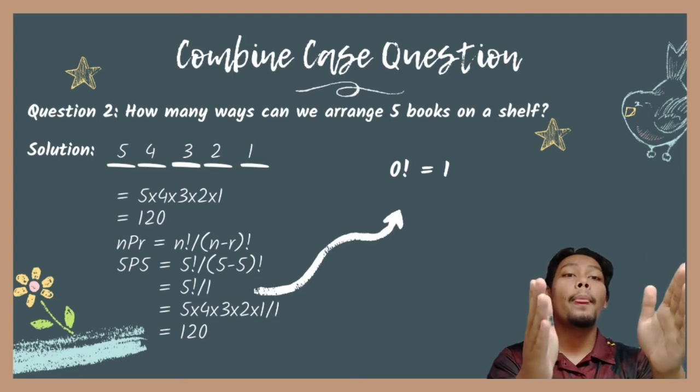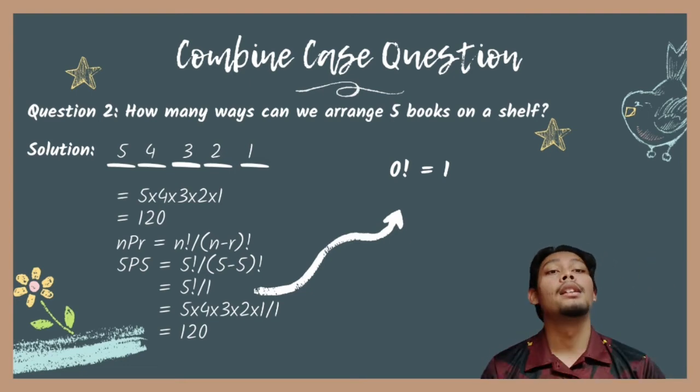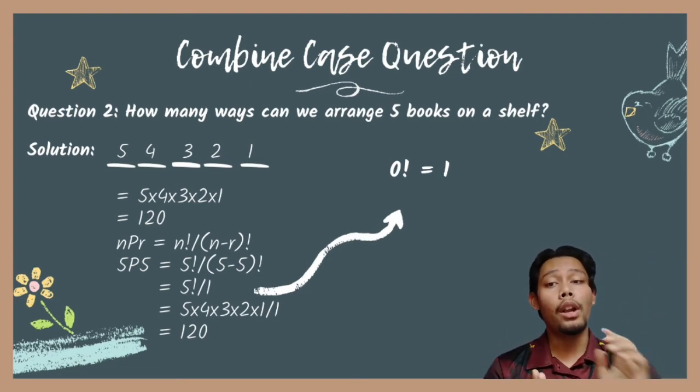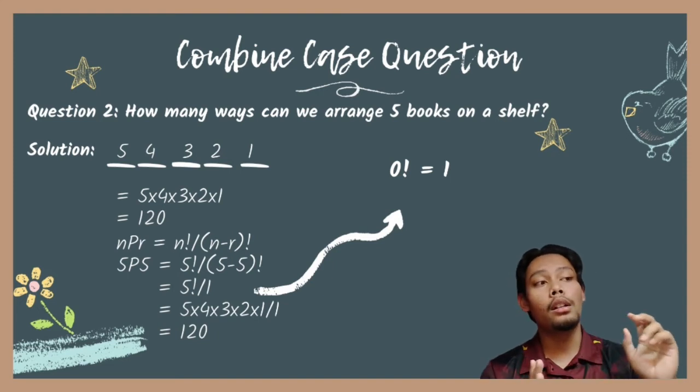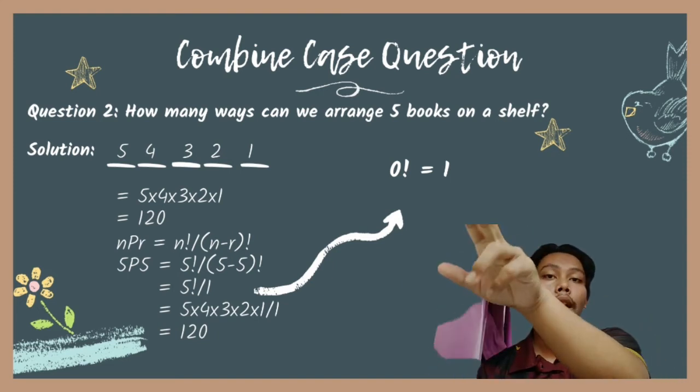The next one is the second place. We only have 4 books because one book has been put at the first place.